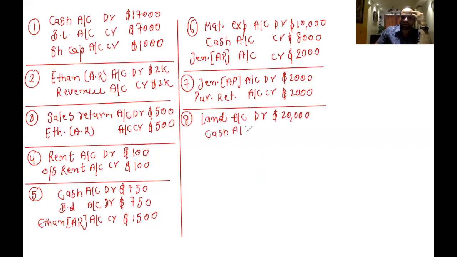Land value is 20,000, but we are paying cash 18,000. And then discount received on purchase of land. Discount received account credit 2,000. Right. So total is 20,000.